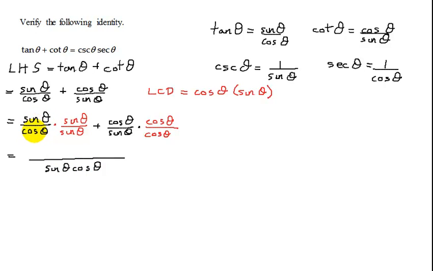Now let's look at the first term in the numerator. I have sine theta times sine theta, which is sine squared theta. Remember, we write it that way for convenience sake, plus cosine theta times cosine theta is cosine squared theta.